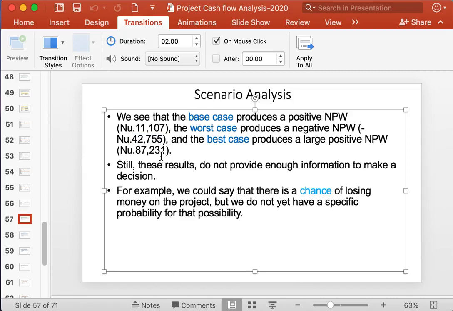But this type of figures we can also generate with sensitivity analysis. Actually, it doesn't provide any additional information relative to the sensitivity analysis.